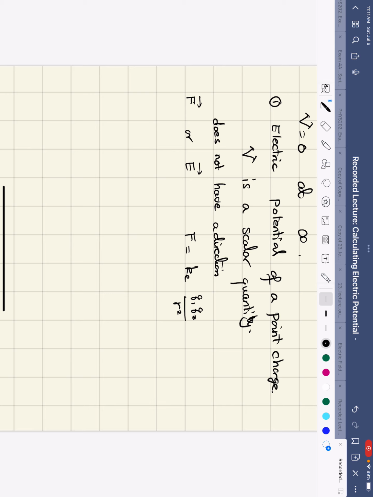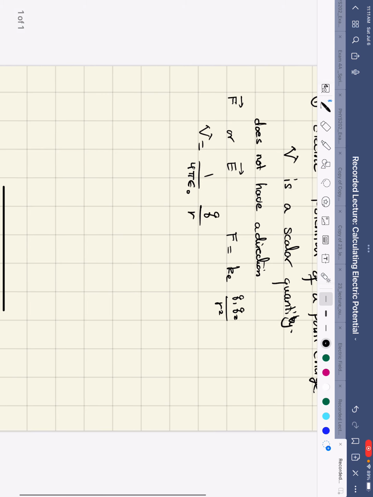Now, for a single point charge, when we are calculating V as 1 over 4 pi epsilon 0 Q over R, that Q is actually the value of the charge, the point charge, and of course it is measured in coulombs.